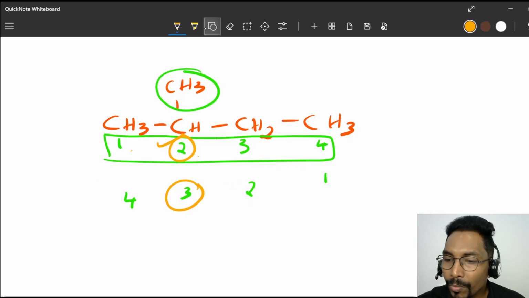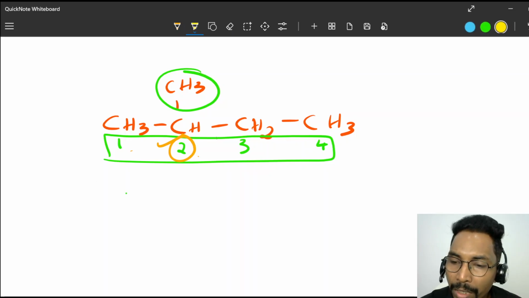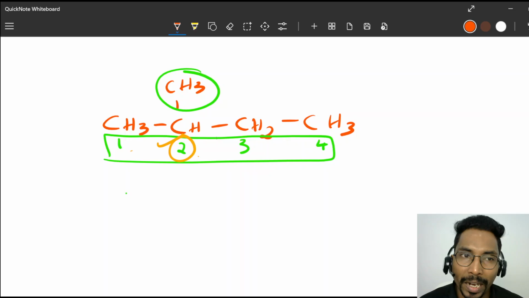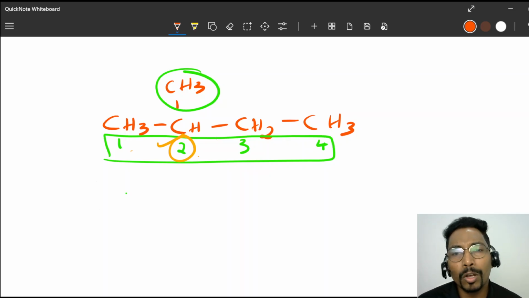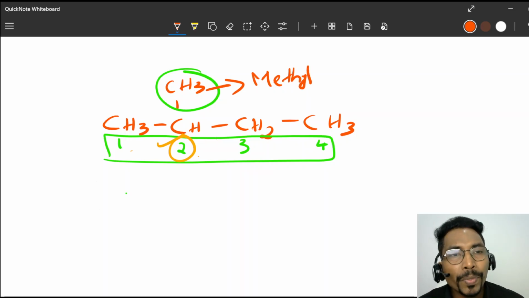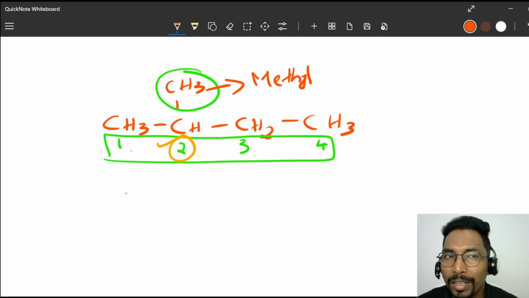So the name of this compound will be, what you have to do is mention the position of the branch and the name of the branch, then again the normal thing. The name of this branch is methyl. Why methyl? Because one carbon. If it is two carbons, you call it ethyl. Three carbons, propyl, like that.